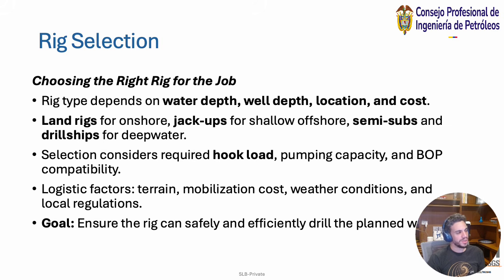And then you have jackups for shallow offshore. And when we say shallow offshore, honestly, we're just saying shallow because it's relative to the semi-submersible rigs or the drill ships, because that's for very deep waters, right? So Macondo was an example of deep water, I believe.